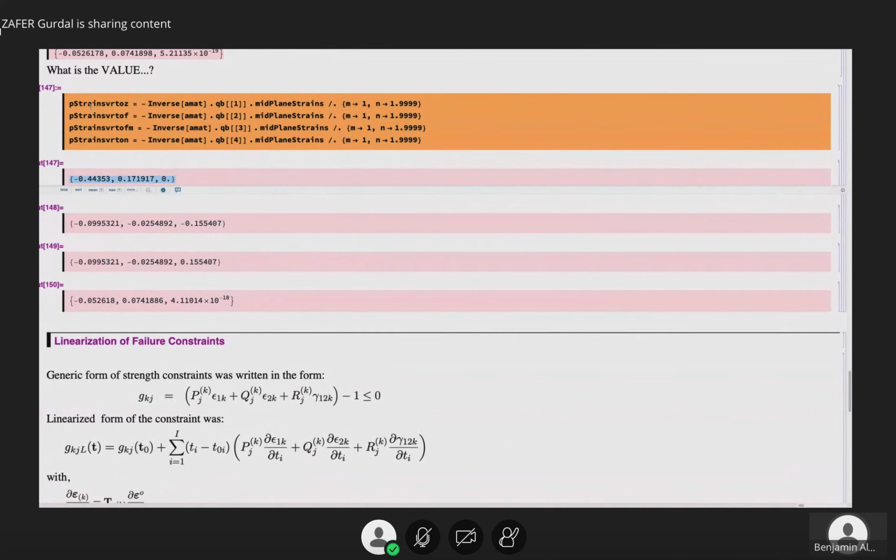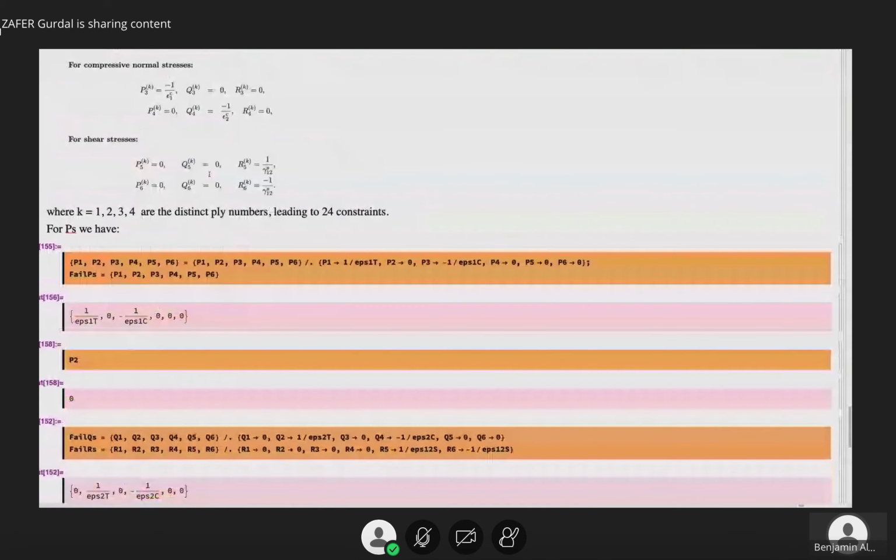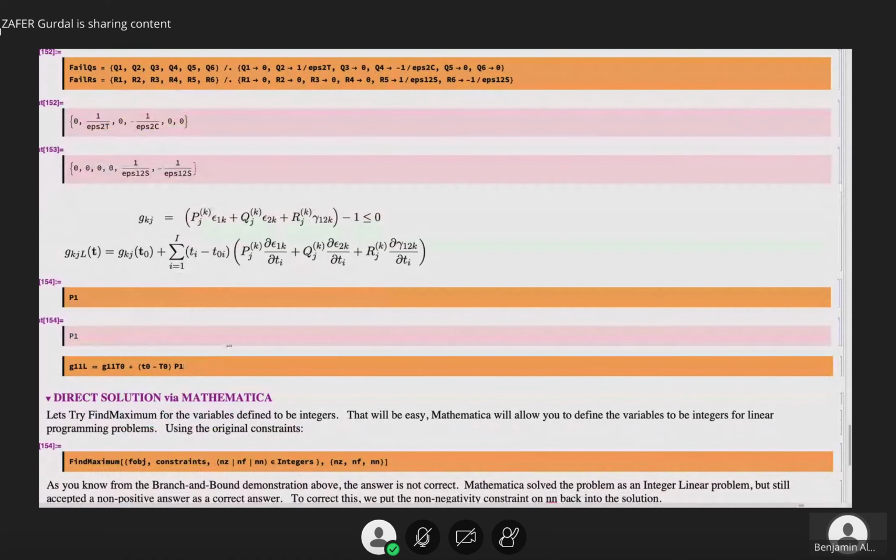That's this one. And the first element is epsilon 1, epsilon 2, gamma 1, 2, all with respect to zeros. Okay? So I'm going to copy this here as a multiplication. I can put a space or I can put a star. And the first element.